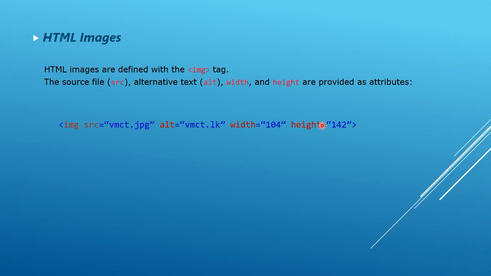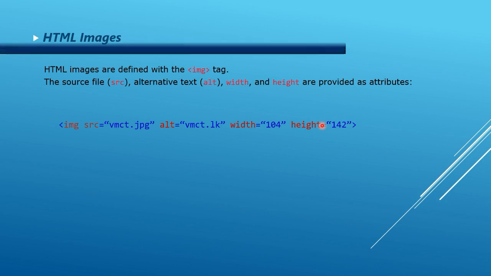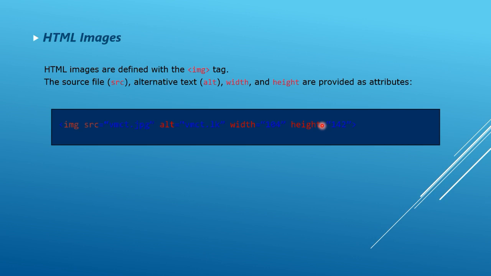The next tag is HTML images. HTML images are defined with the img tag. The source file is called src, and alternative text alt, width and height are provided as attributes. So this is the code.